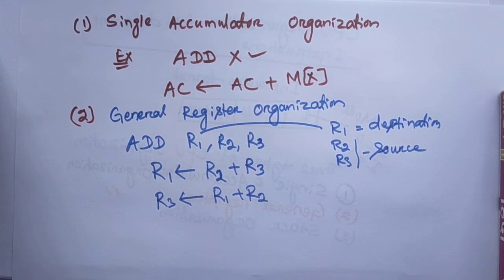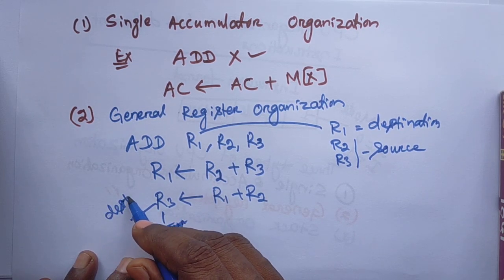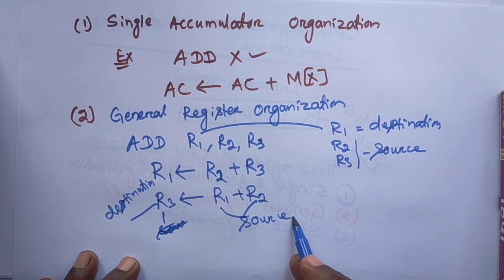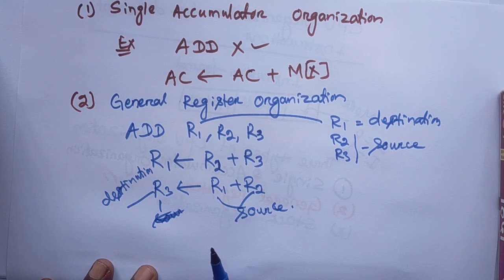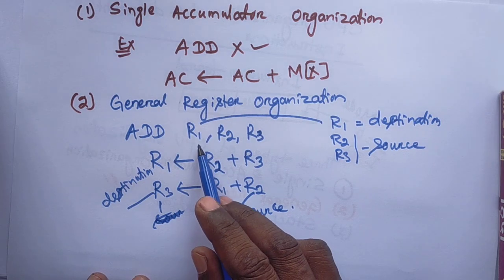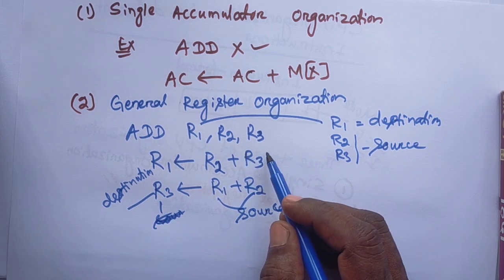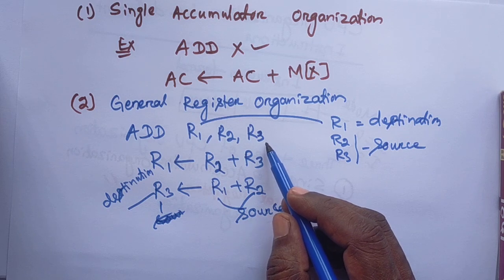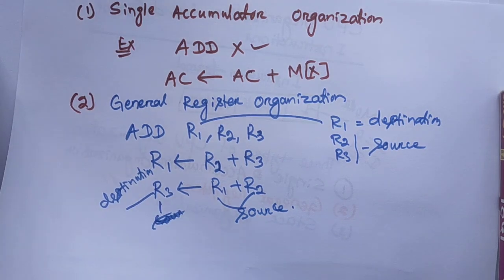In this case, R3 is the destination and both R1 and R2 are sources. In this way we can do the add operation. Sometimes R1 is used for destination and R2, R3 for source, or the reverse; it depends on the computer configuration. Either case is true, no problem.